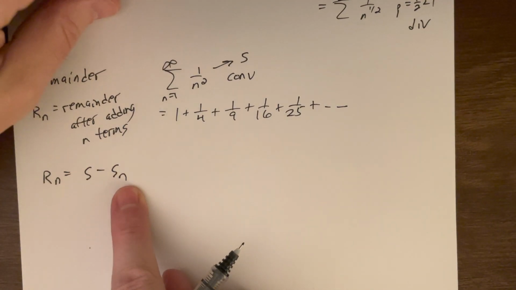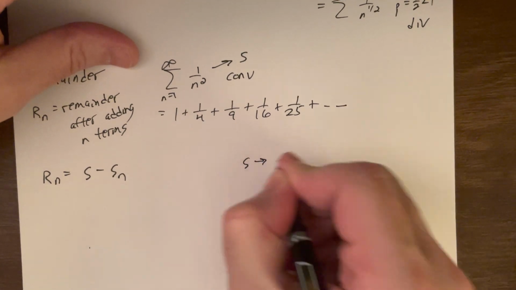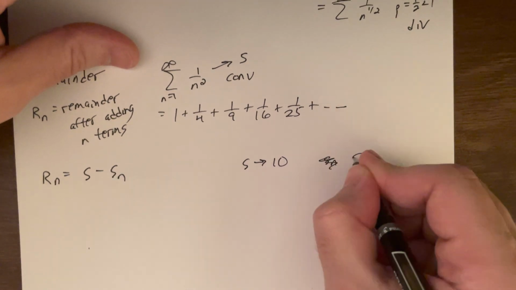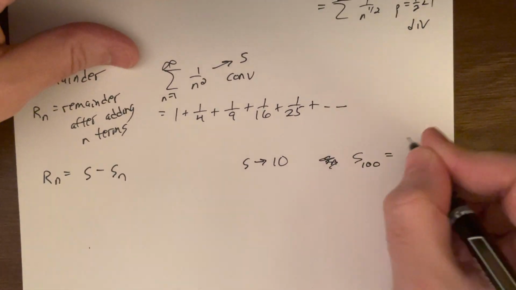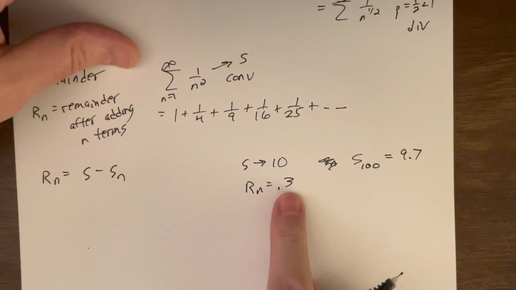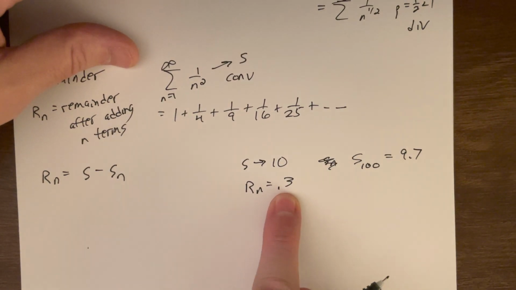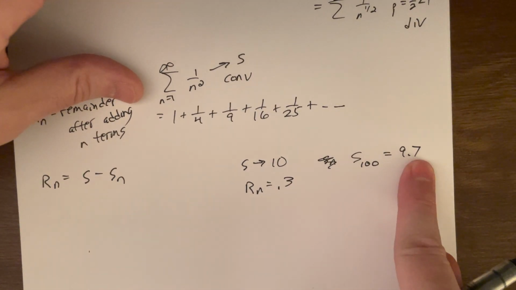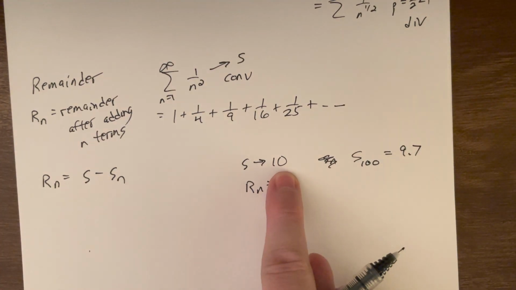So again, a quick for instance, if I knew s went to 10, and if I added the first 100 terms and had 9.7, my remainder, it's kind of like my error, would be 0.3. I'm 0.3 of a unit away from that final sum.